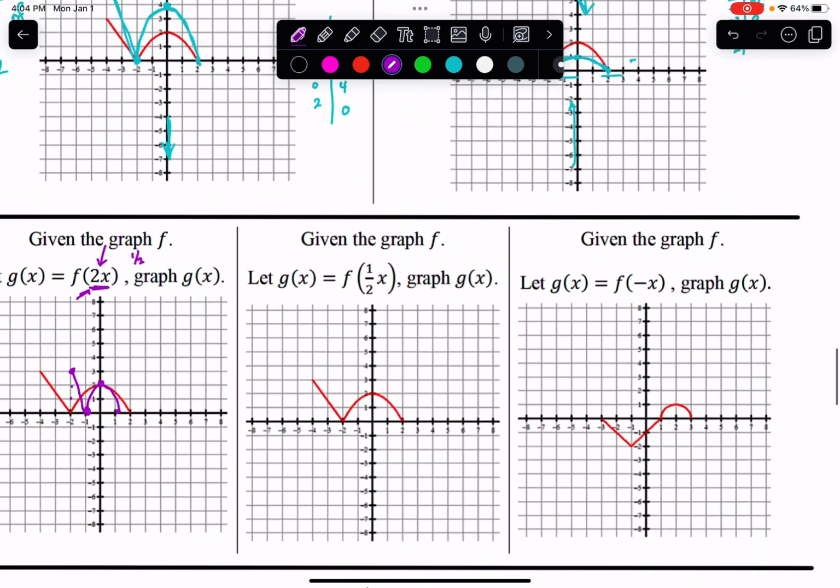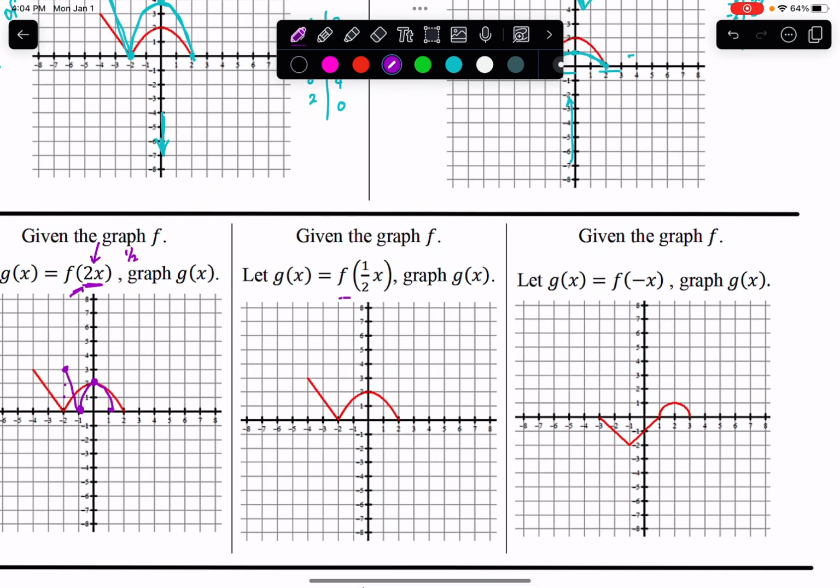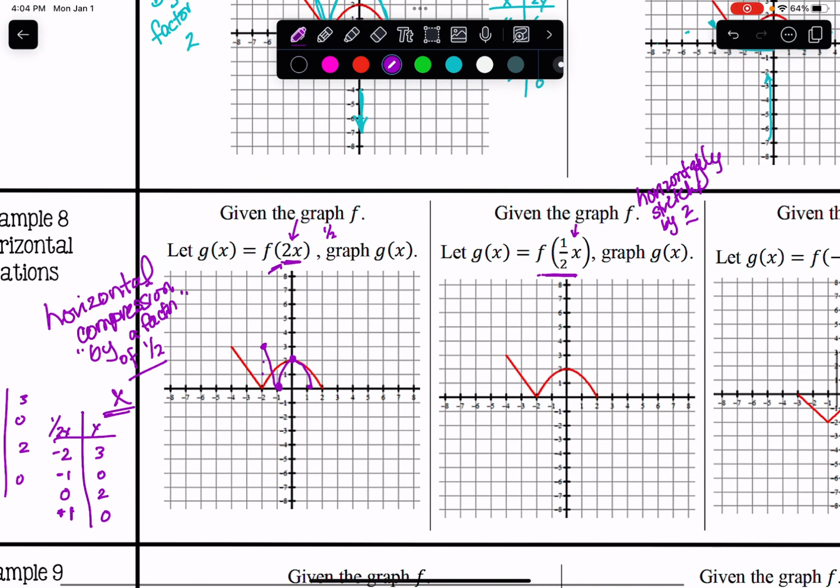All right, now we have a multiplier of 1/2 inside the function, and so that would be horizontally stretched by 2. Okay, I said I'd talk about why this is called a compression.